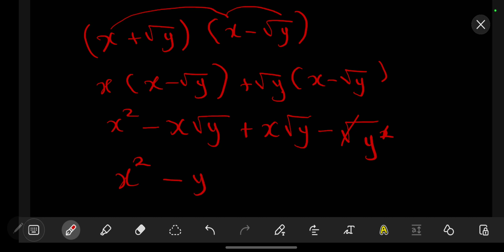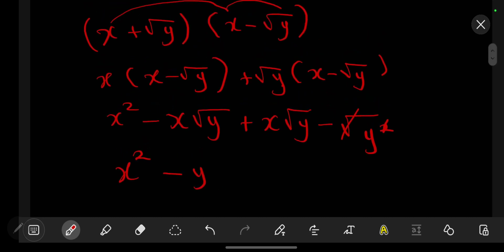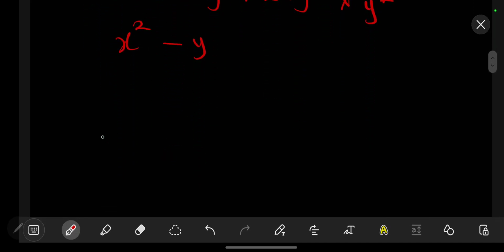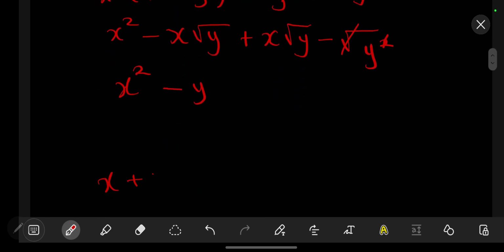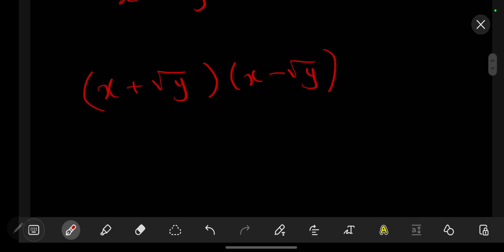So now for convenience, we can establish that as long as you have a conjugate, this is what you are going to be doing. For x plus the square root of y times x minus the square root of y, just get the first number, multiply it with the first number, as long as it's a conjugate, meaning there is a different sign but the same numbers.